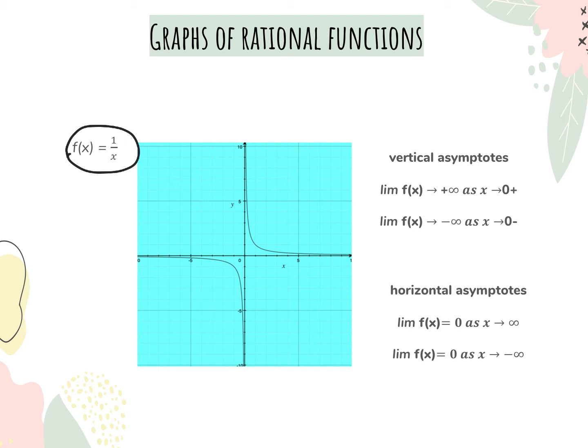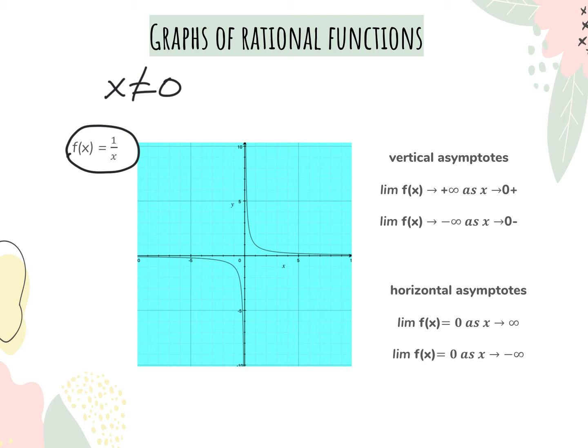The other case that we had to check was for radicals, square roots. So in this case, this function, 1 over x, the domain here is all real numbers except when x equals 0. So x cannot equal 0.